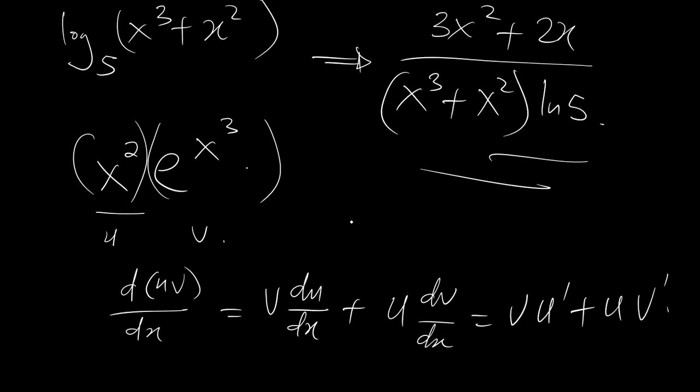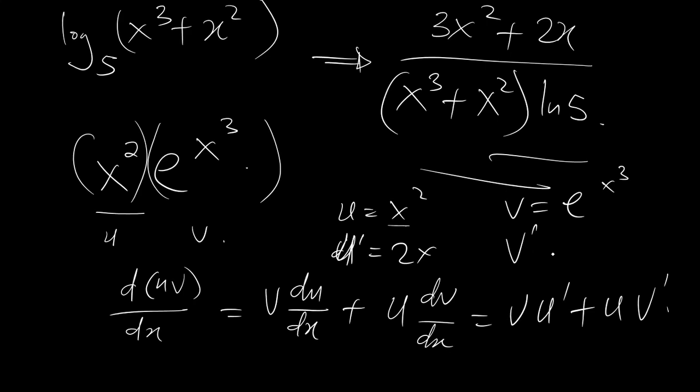Now, since our u is equal to x squared and v is equal to e to the power x cubed, the derivative of u, which is u prime, is equal to 2x.